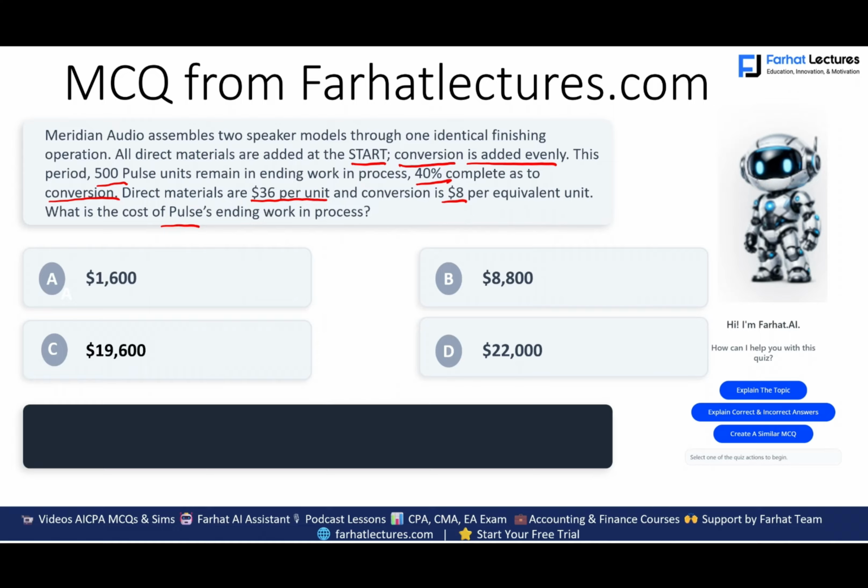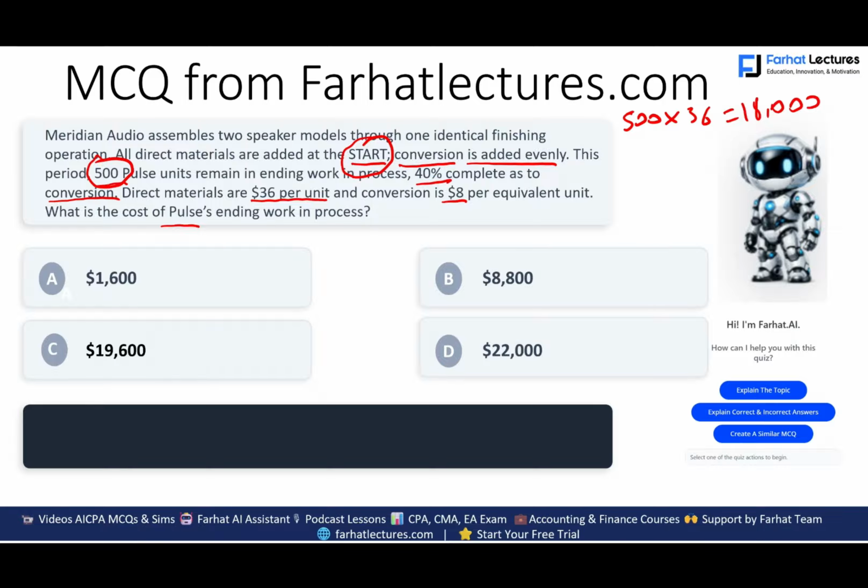So what do we have as ending work in process? We still have 500 units in ending work in process. Those 500 units would include both material and conversion cost. Well, we are told the material is added at the beginning of the process. It means for those 500 units, the $36 direct material is applied immediately. It means if we take 500 times 36, we'll have $18,000. That's the material cost.